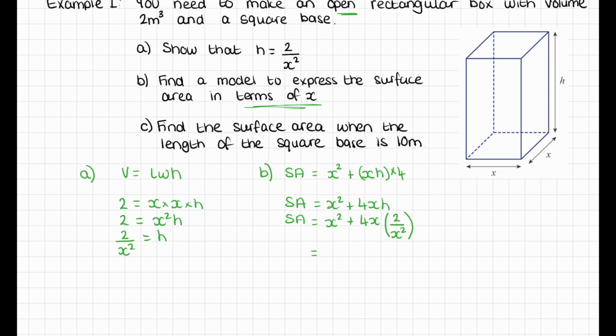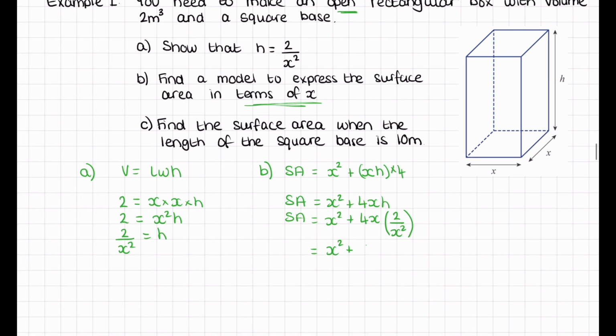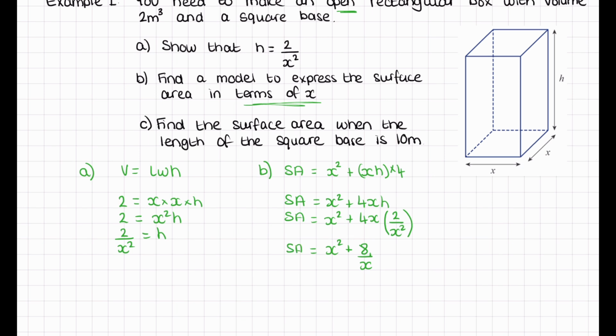And then we can just simplify this down. So we'll have x squared plus 4 times 2 is 8. And then we've got x divided by x squared, which means we'll end up with 8 on x. And that is a model for the surface area.